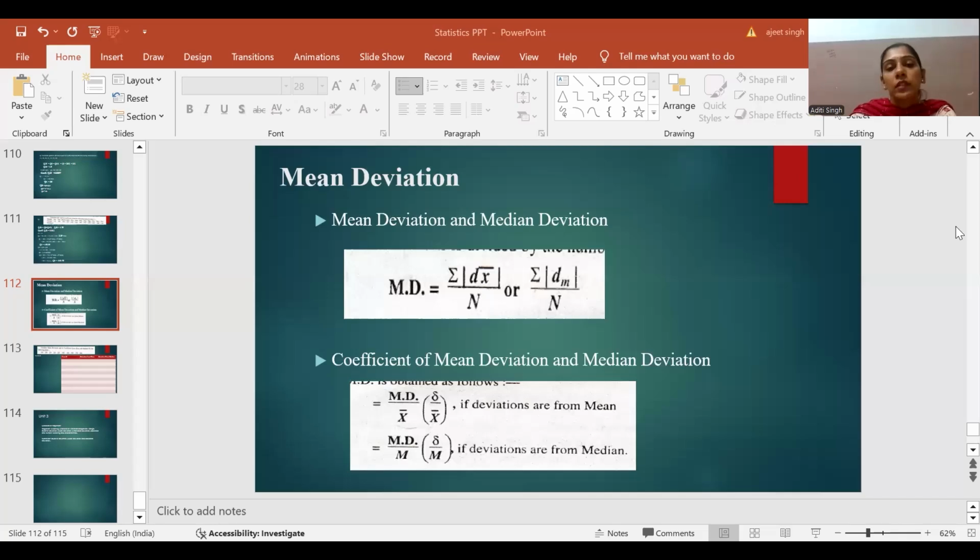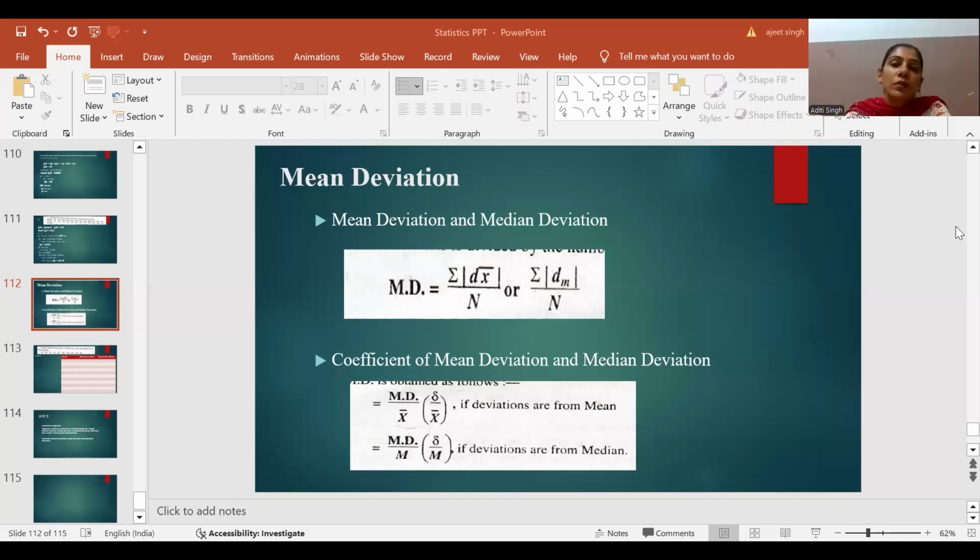Median deviation may be calculated on the basis of deviation from any of the three averages: from mean, from median, or from mode. But while doing practical questions, mode is practically not used.